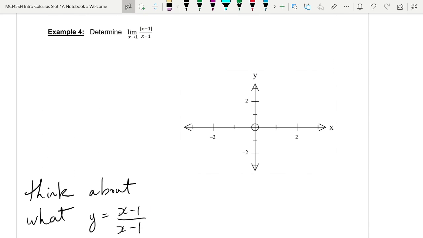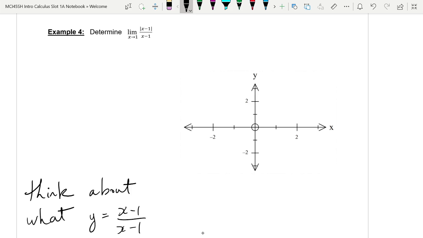Well, notice an absolute value means that you can't get a negative in the numerator. So let's plug in some values. If I plugged in 0, I would get 0 minus 1 is negative 1, but the absolute value of that makes that 1, but that's 1 divided by negative 1.